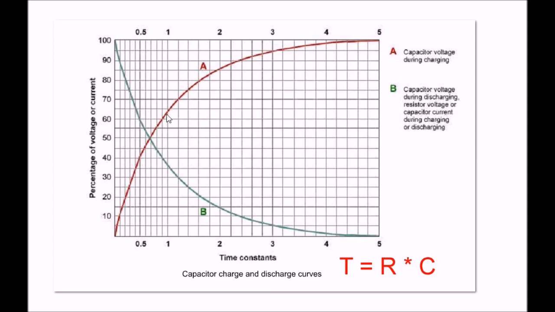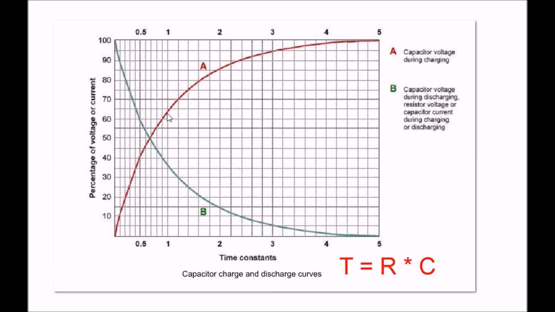Because why? There's the greatest difference in voltage between the capacitor that started at 0 and the charging voltage which started at, say, VCC. And in one time period, R times C, you're going to charge up about 63% of the way.